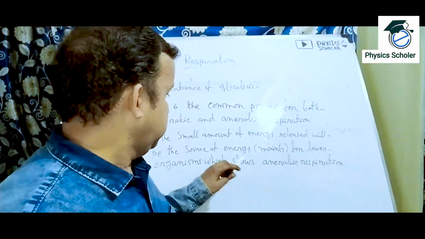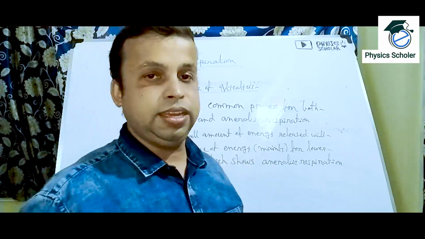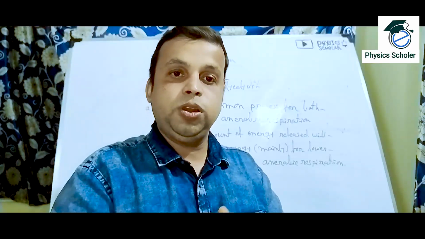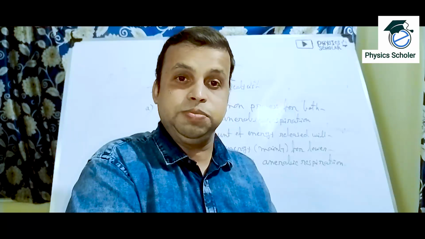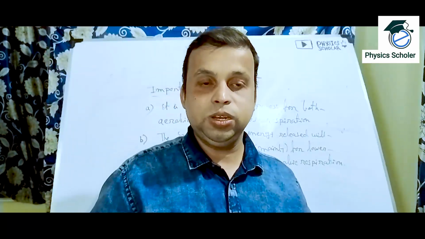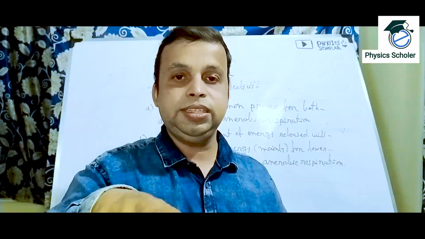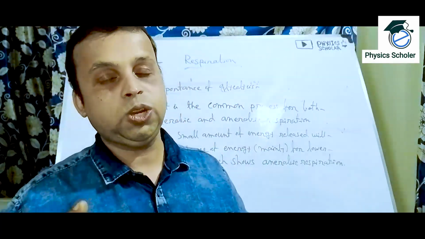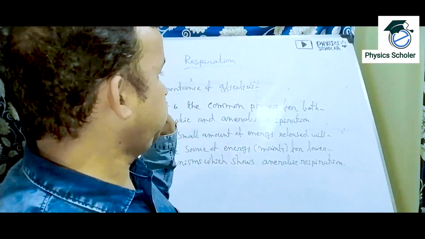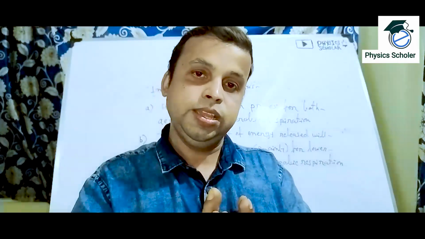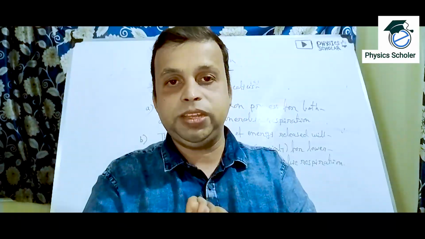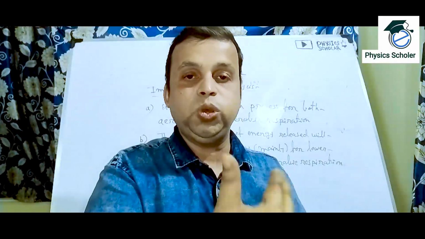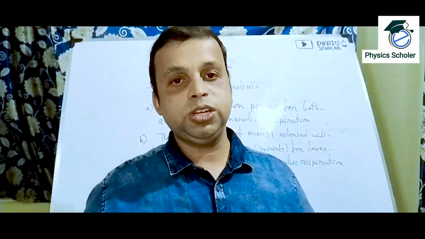That is not a huge amount, but whatever energy is released in glycolysis is the main source of energy for the lower class organisms to do their work, physical work or internal organ work, all types of work. It happens inside the cytoplasm of the cell. So this is the importance of glycolysis: it is the first step for both aerobic and anaerobic respiration, as well as the main source of energy for organisms that show anaerobic respiration.